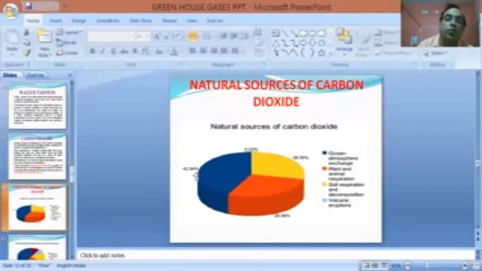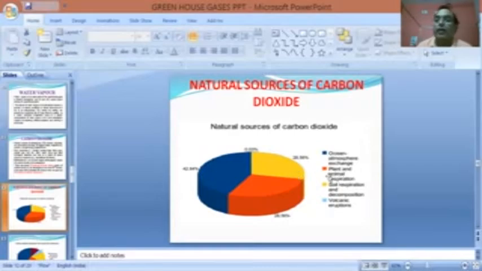So 42.84% is accumulated in the ocean, and the ocean is the single largest contributor to the atmosphere. Then plants and animals respiration.